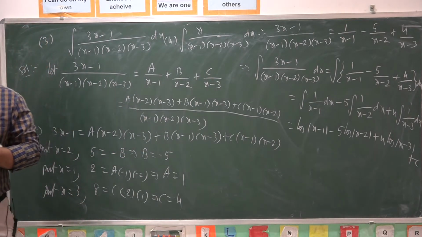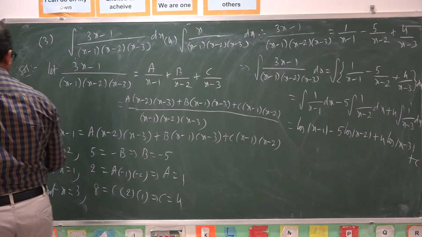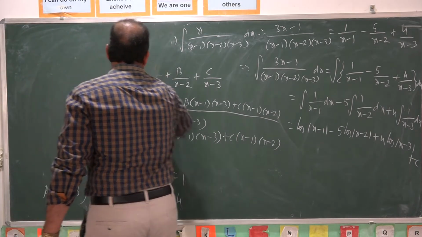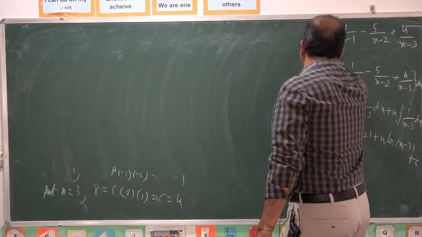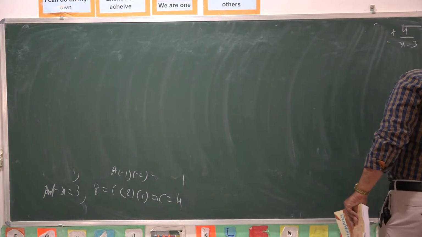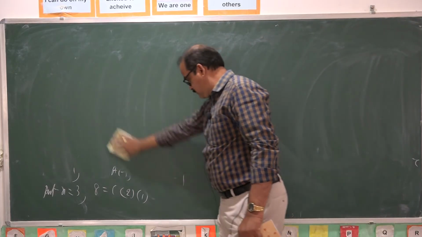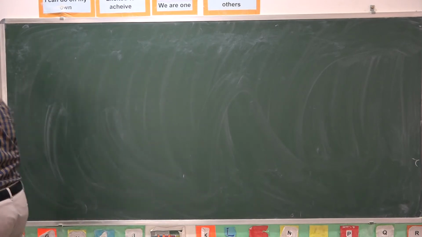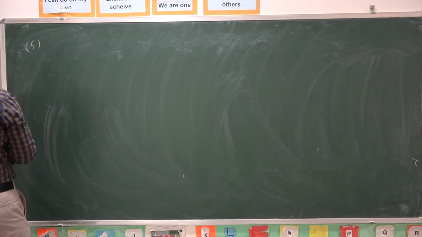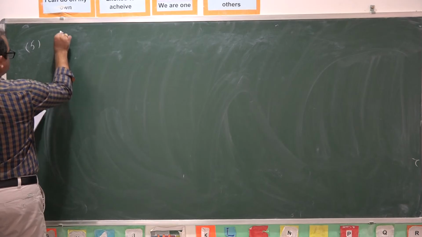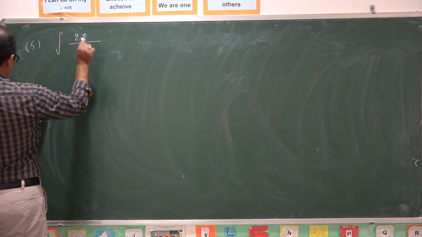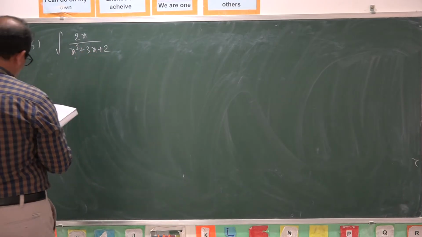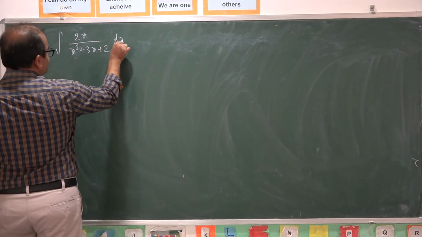Next, the fifth one. Integral 2x by (x square plus 3x plus 2) dx.